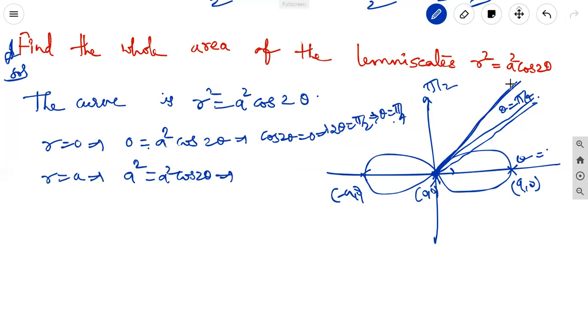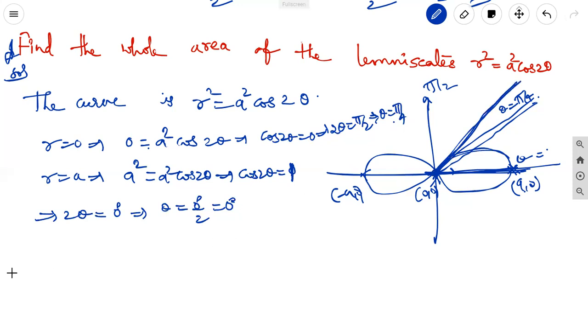When cos 2 theta equal to a square by a square is equal to 1, 2 theta equal to 0 degrees, so theta equal to 0 degrees. So for r equal to a, the angle is 0. For r equal to 0, the angle is pi by 4.